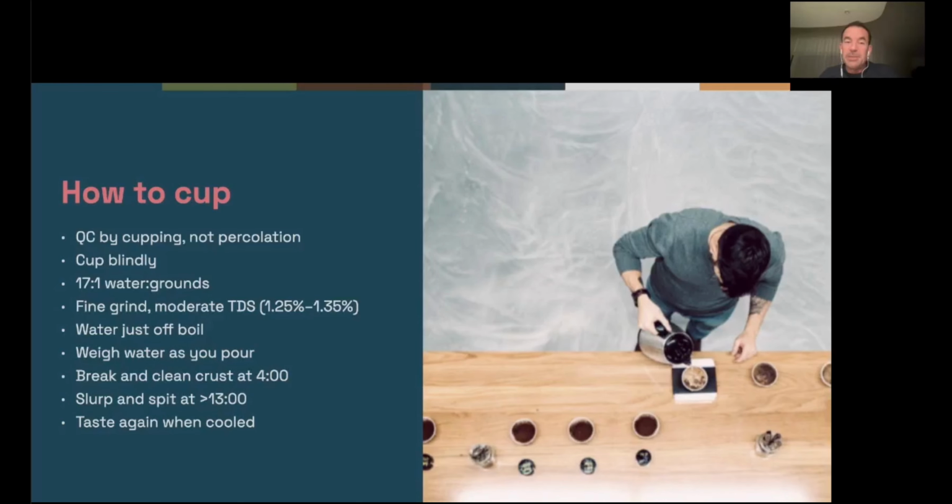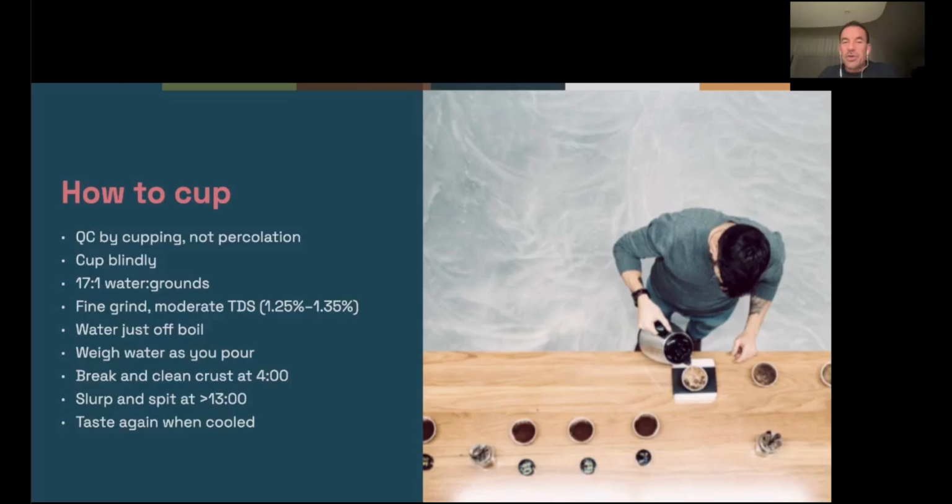Generally speaking, I recommend grinding finer for cupping than the historical recommendations of the SCA. The thing about grinding coarsely is that your cuppings will taste a little better if you grind coarser. This is because the lower extractions that result from a coarser grind will tone down some defects.